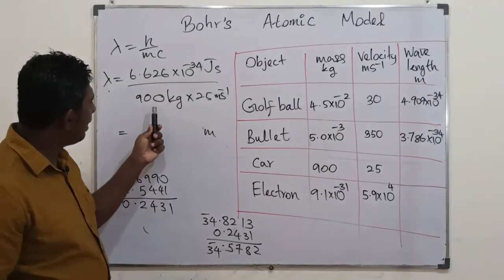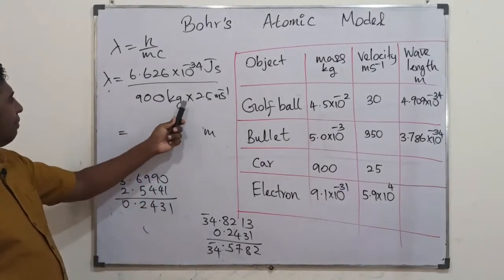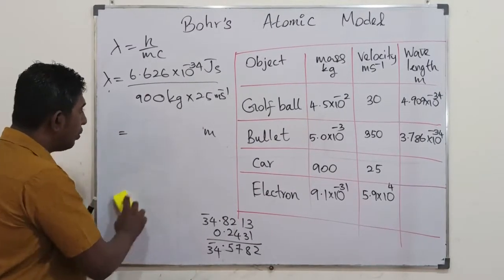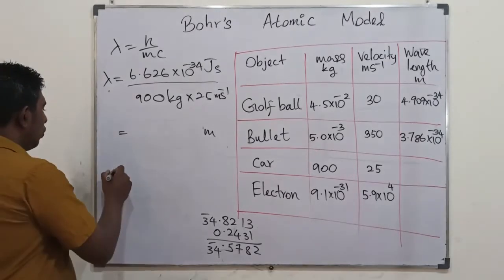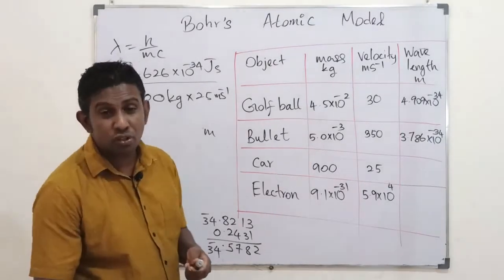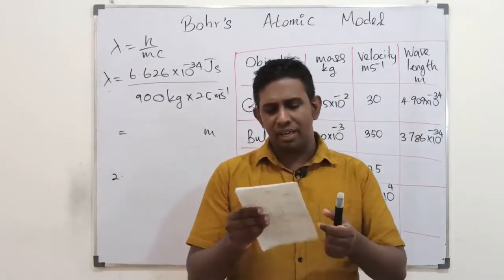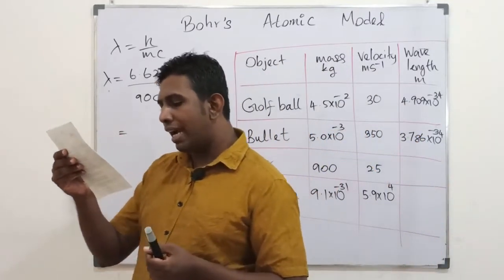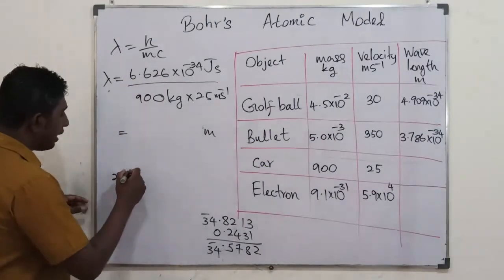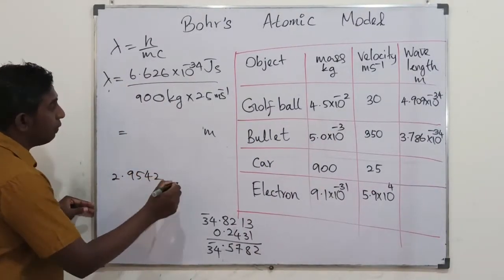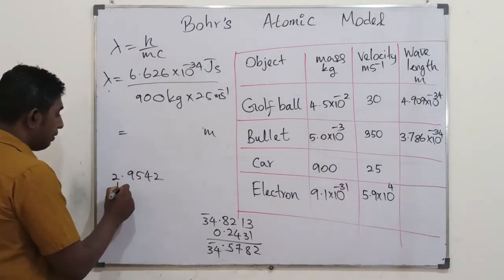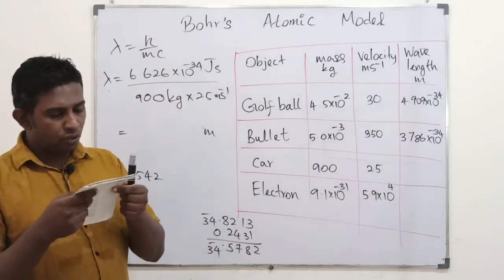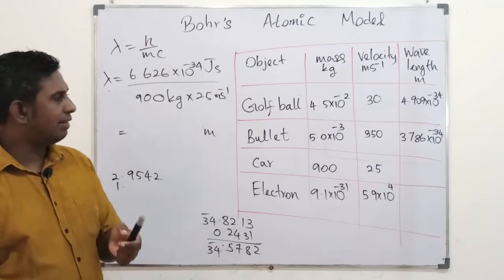So finding that out, I need to multiply these in logs, need to add them up. So I'm going to do that. It's 2 point, what's the log of 90? If you are going to find that out, the log of 90 is 9542. Then what's the log of 25? Let's find that out. You have that as 3979.